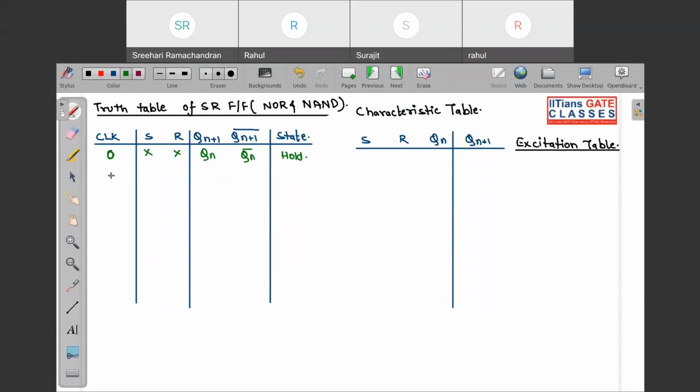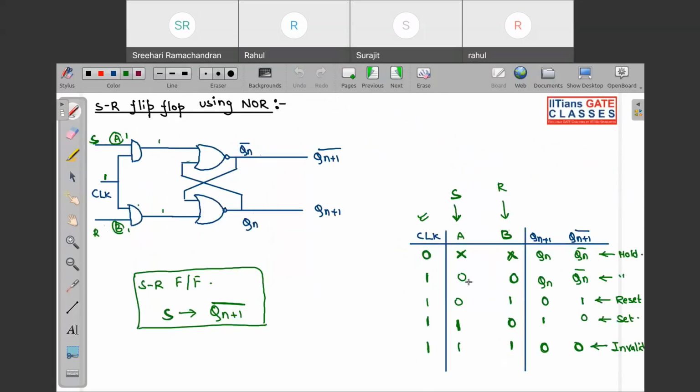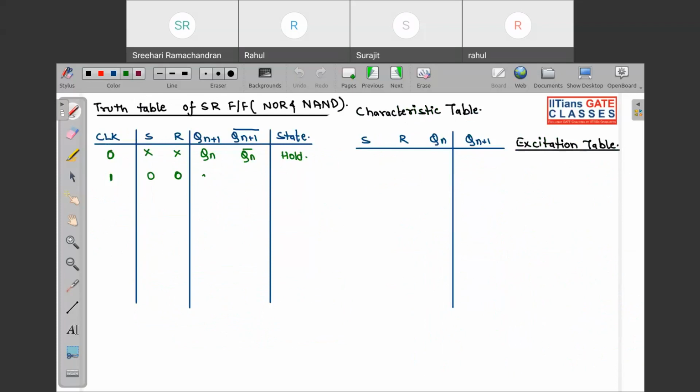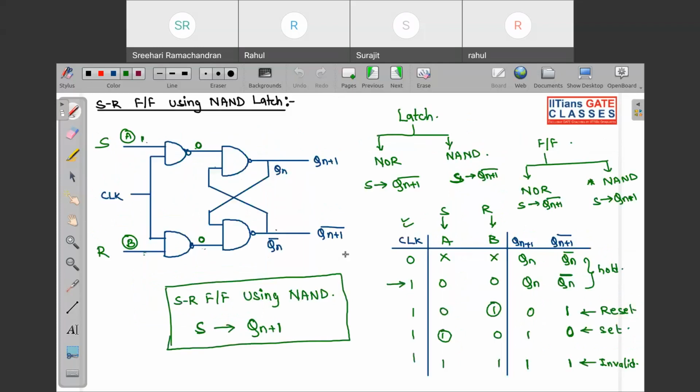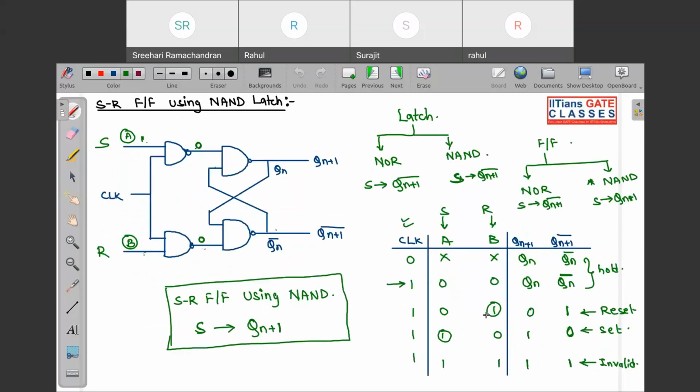Now look, when clock is 1 and set is 0, reset is 0, in both the cases what will happen? In both the cases, when it is 0 0, again it is in hold state. Now clock 1, set 0, reset 1: here reset is 0 1, and over here this is also 0 1.